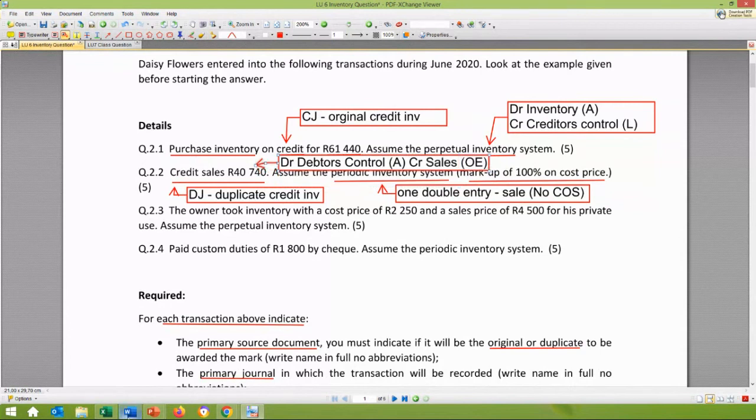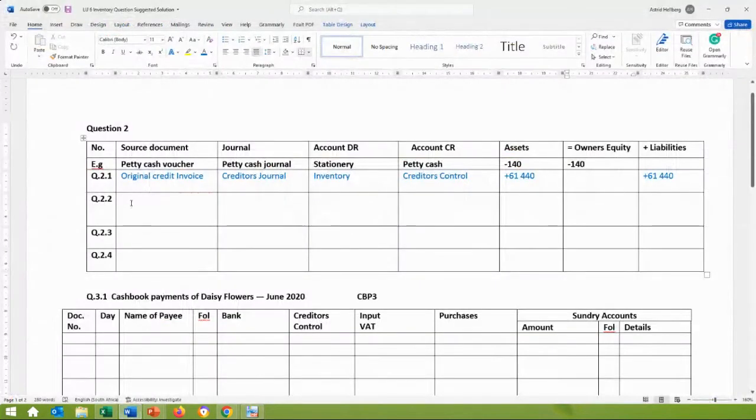Okay, so let's go fill it in on our template. So we said the first thing is a duplicate credit invoice. We take it to debtors control. We debit debtors control, debtors journal, and we credit sales. Okay, we do not do a second entry for the cost of sales in terms of the periodic inventory system.